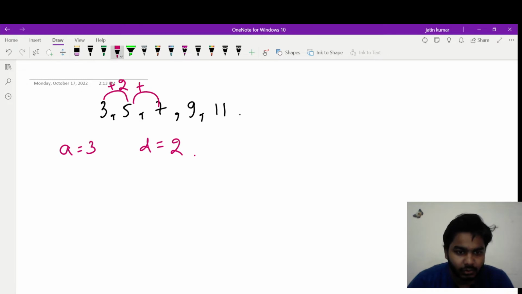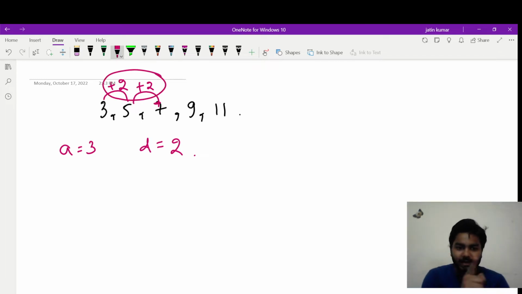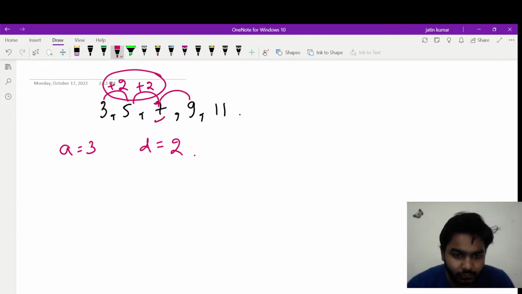If you add 1 more d, you will reach the third term. But on reaching the third term, how many times did you add 2? You have added 2 two times. That's how you reach the third term. If you want to reach the fourth term, then you will have to add 2 three times.